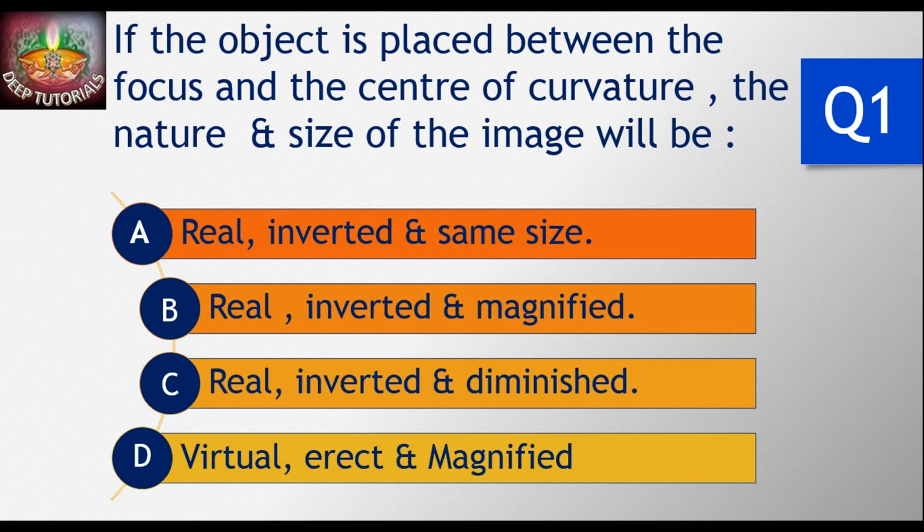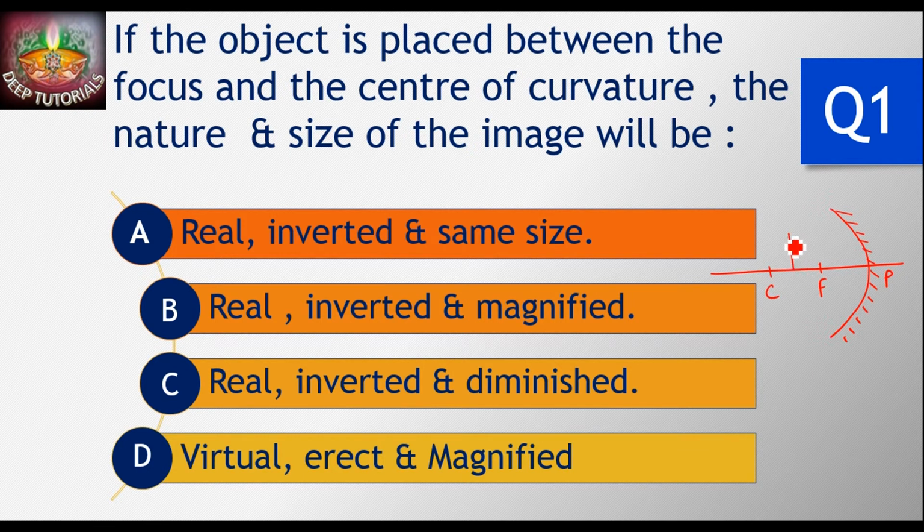Here comes the first question. 1. If the object is placed between the focus and the center of curvature, the nature and size of the image will be. So before we come to the conclusion of our answer, let's see what the ray diagram explains to us when the object is placed somewhere between the focus and the center of curvature for a concave mirror.